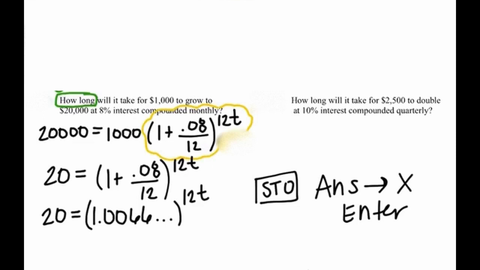So now we can just rewrite our equation in logarithmic form. So this would be log base 1.0066 ... of 20 is equal to 12t.